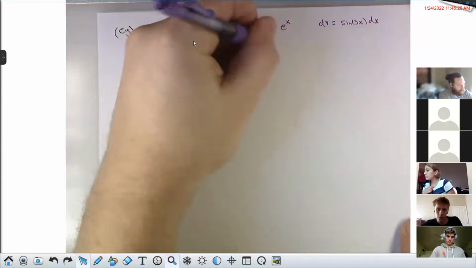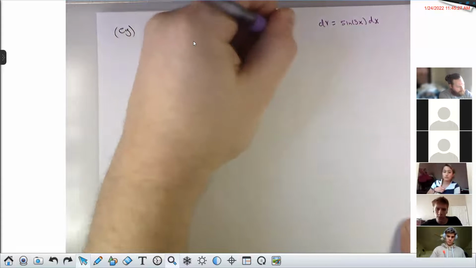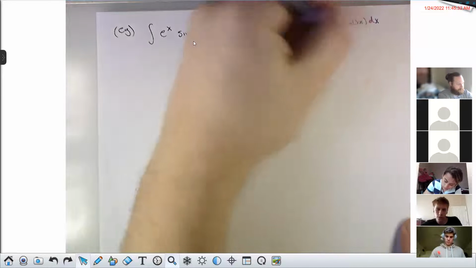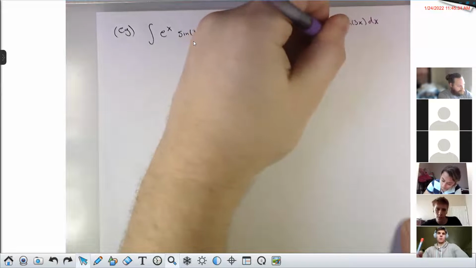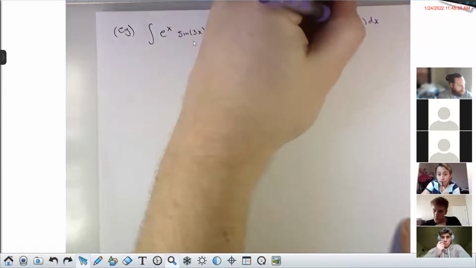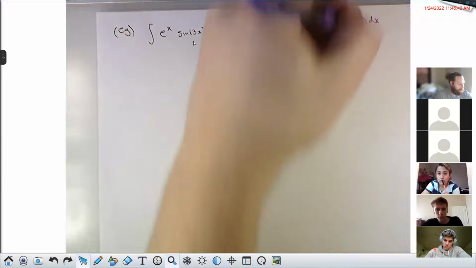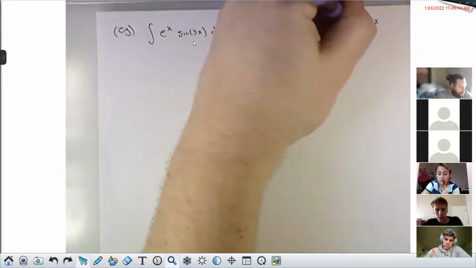du is e to the x dx. To integrate the sine of 3x requires a little micro u sub, or little micro z sub, and this is something we should be quick with now. What is an antiderivative for the sine of 3x?